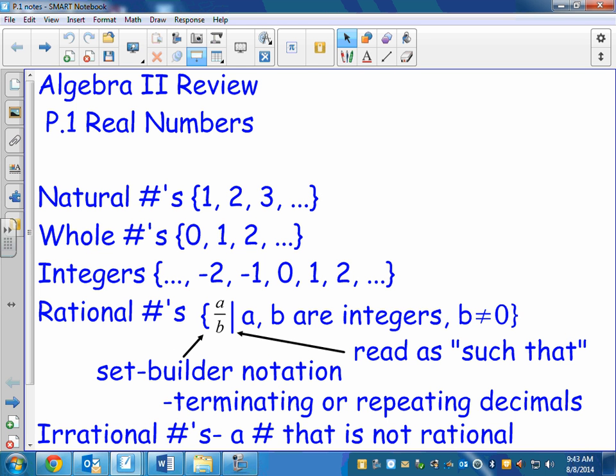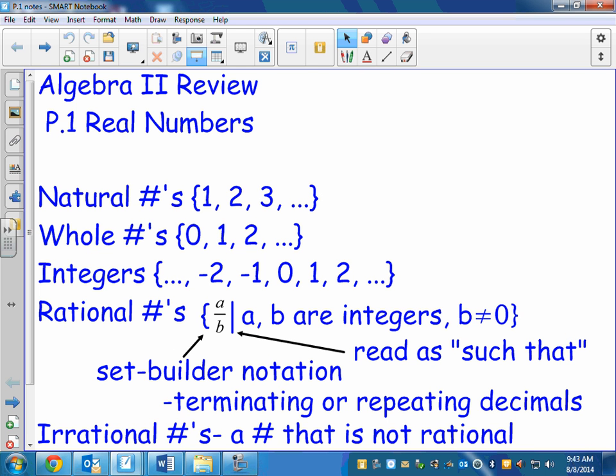We would say the rational numbers are any number that can be written as a over b, which means a fraction, such that a and b are integers and b can't be 0. It's just a really fancy way of saying it's any number that can be written as a fraction. Can't have 0 in the bottom, so that's why they have to put that in there. And that these are integers, which means it's not a fraction over a fraction, which, yes, you could simplify. But that's all that's saying.